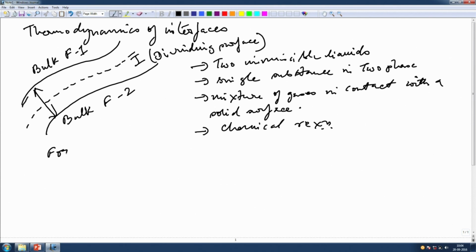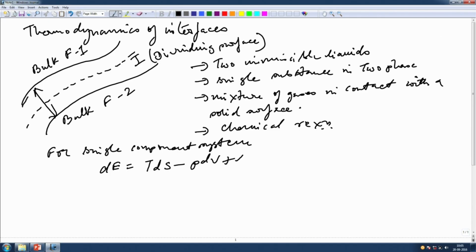Now, for a single component system, let us just do a small recall from the last class. Basically, we saw this. This we did in the last class, correct? Okay. This is valid for a single component system, right. Now, suppose the configuration of the volume and the surfaces 1, 2 and I, as marked over here, are fixed.